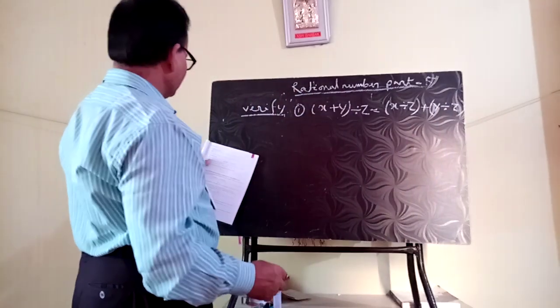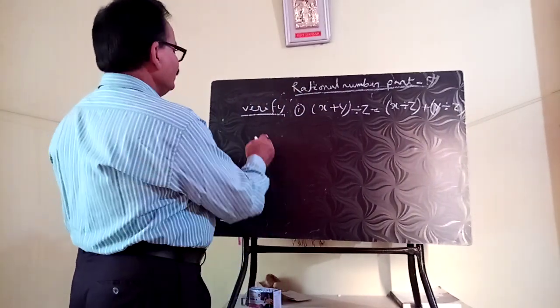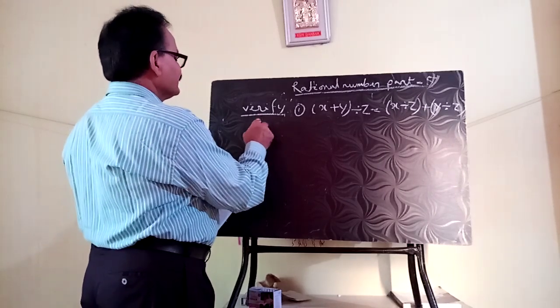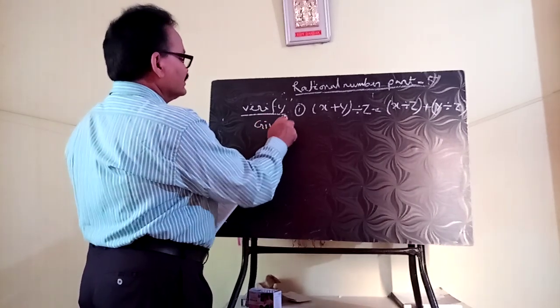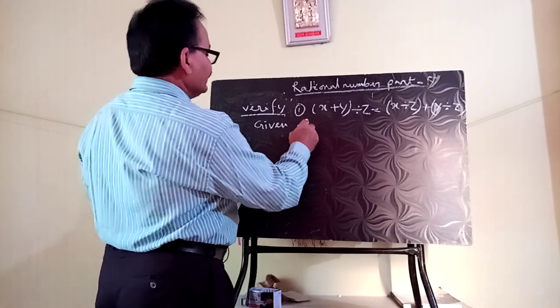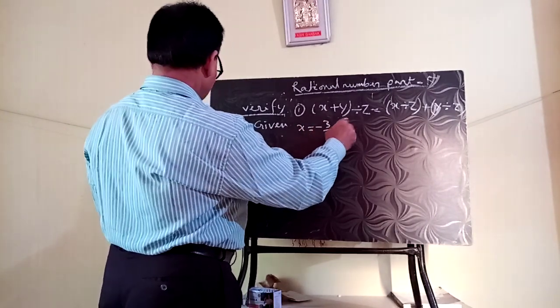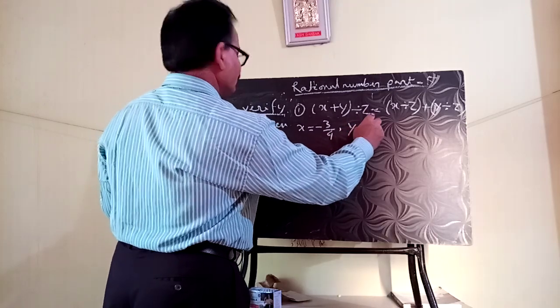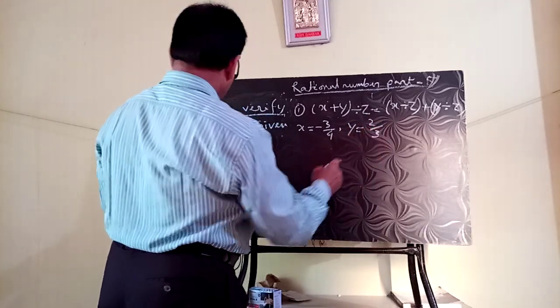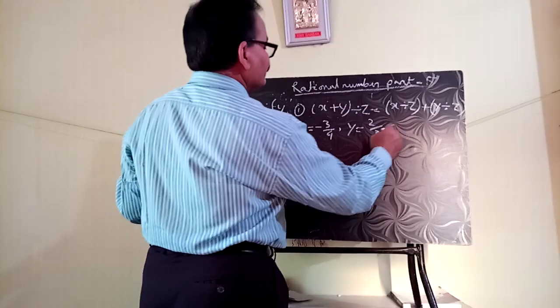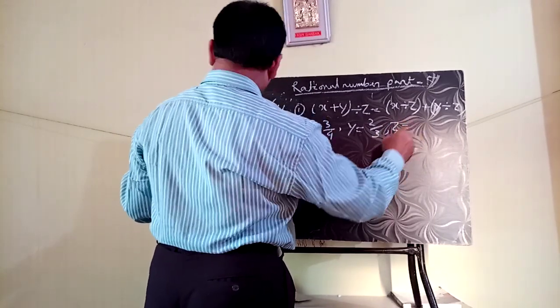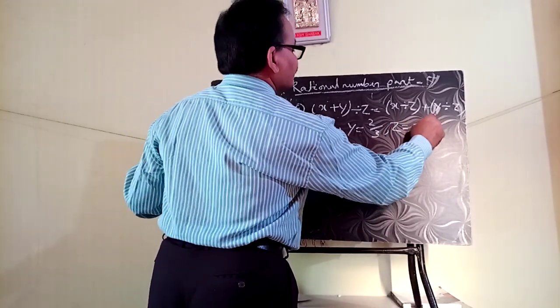You have to verify this, and your given values are x equals minus 3 by 4, y equals 2 by 3, and z equals minus 4 by 7.